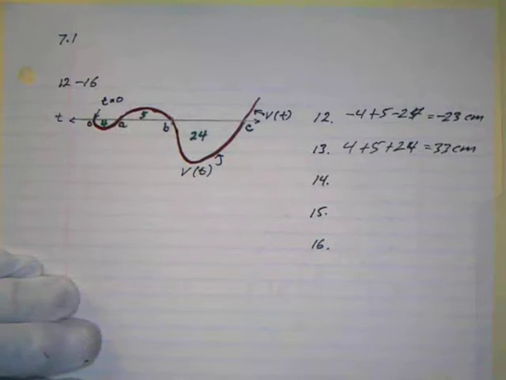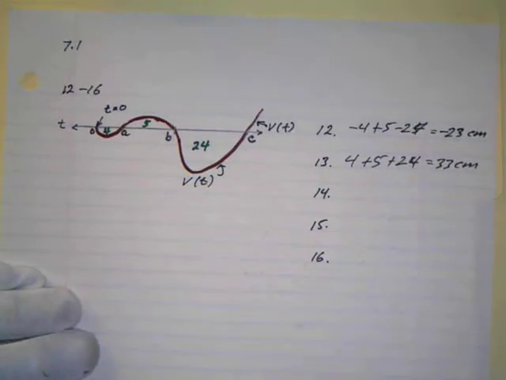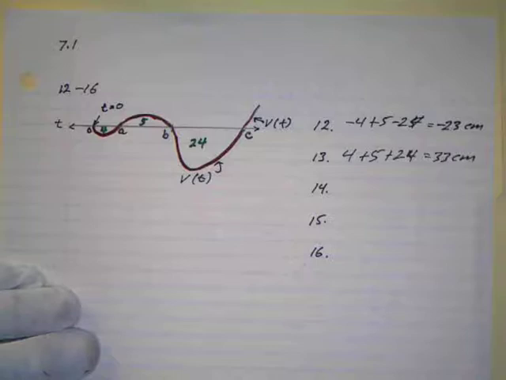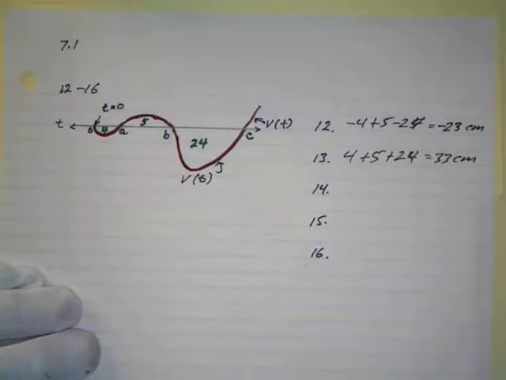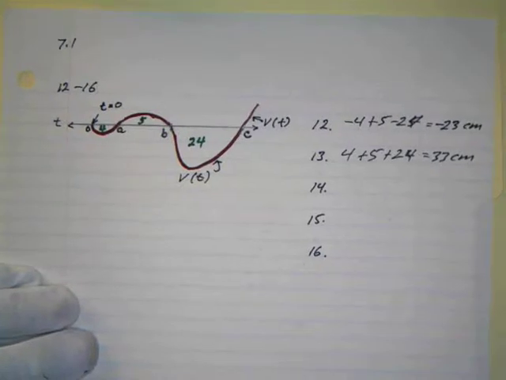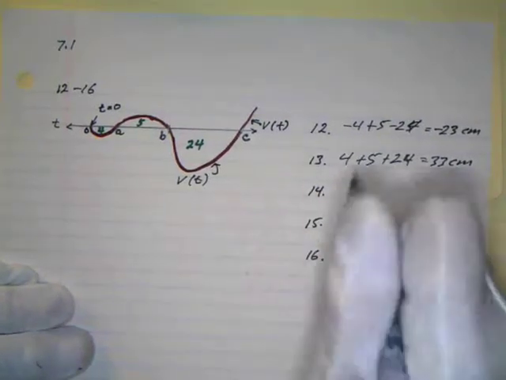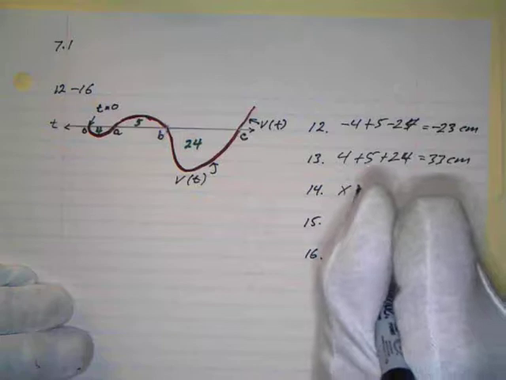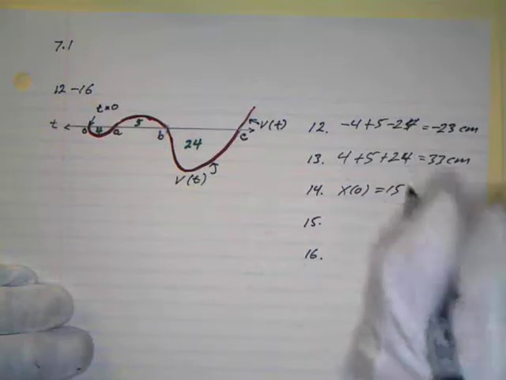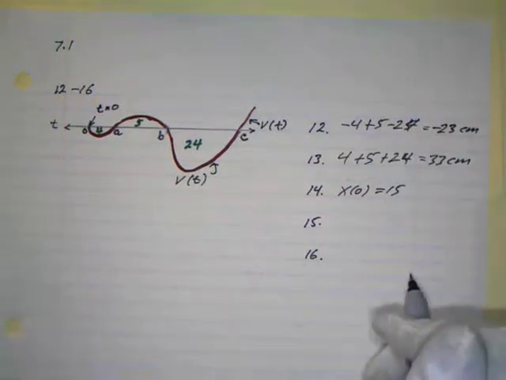Okay, the next one, number 14. Give the position of the particle at times A, B, and C. Now remember we started at x sub 0, so x sub 0 equals 15, so that's our initial position.